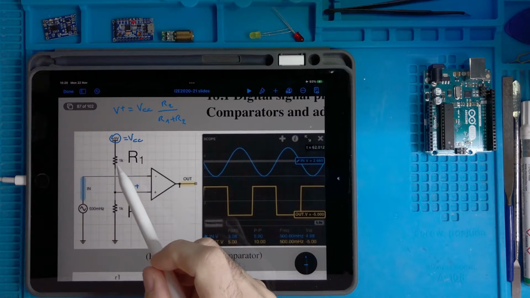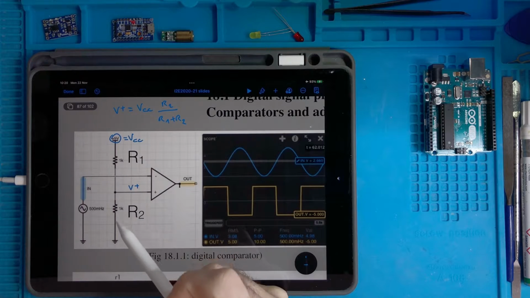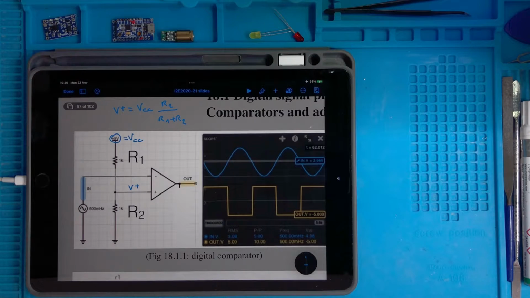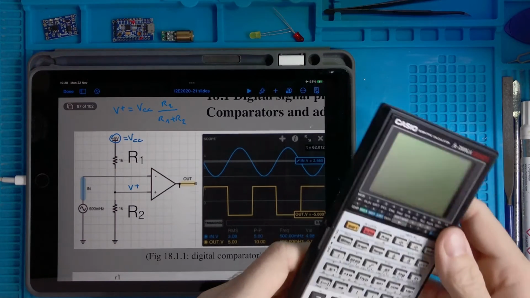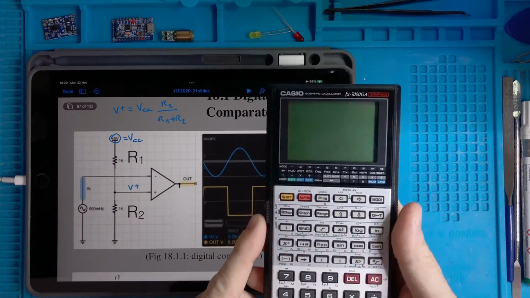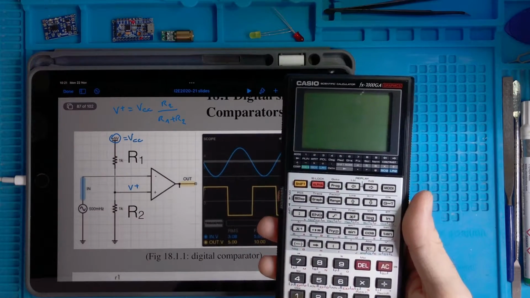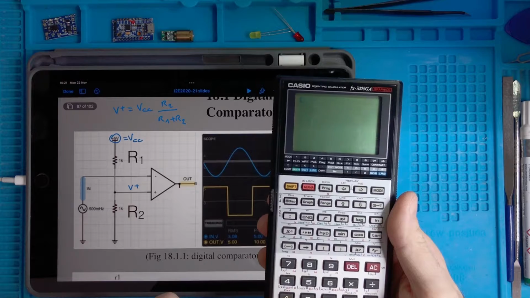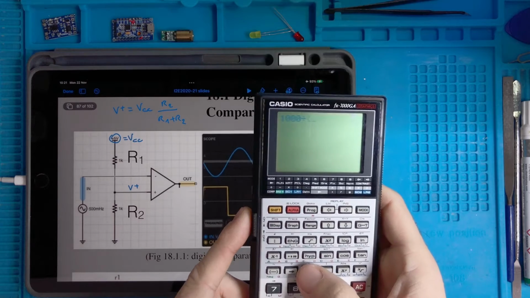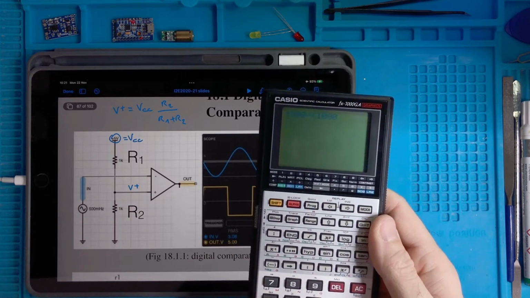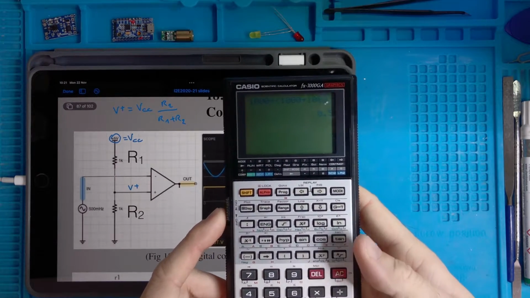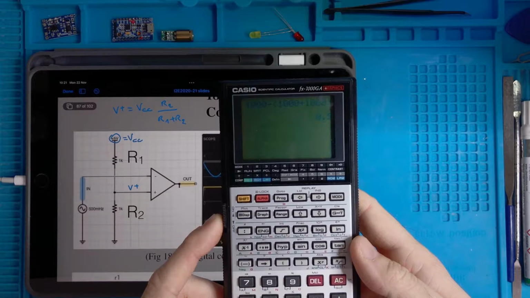If I choose 1 kilo ohm and 1 kilo ohm here, just to make an exercise, let's try to calculate. We have to calculate this coefficient. It's very easy because it's 1000 divided by 1000 plus 1000, and this of course makes 0.5.